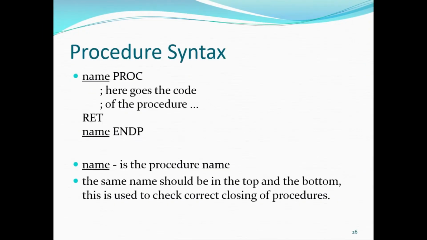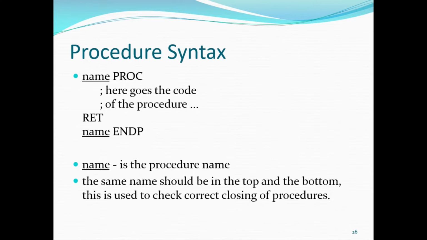To use a procedure in 8086 assembly language, we have to follow its syntax. First we give it a name, and then after the name we write PROC, which shows the start of the procedure.